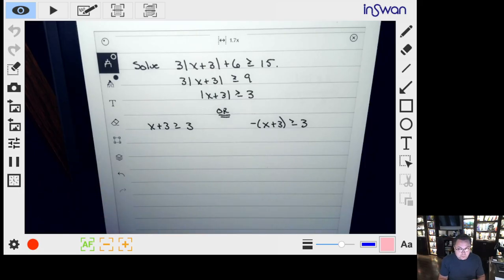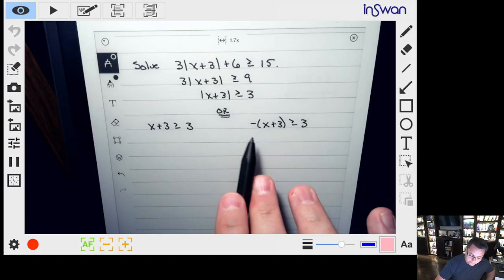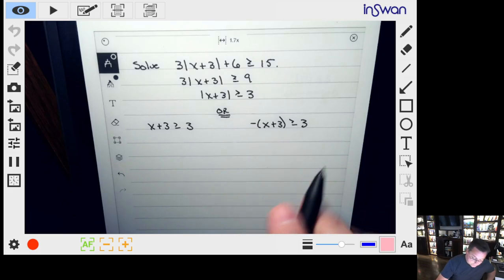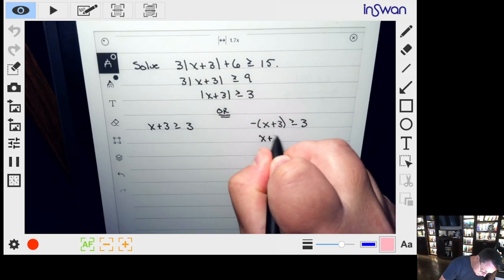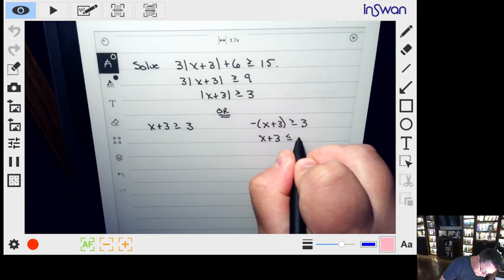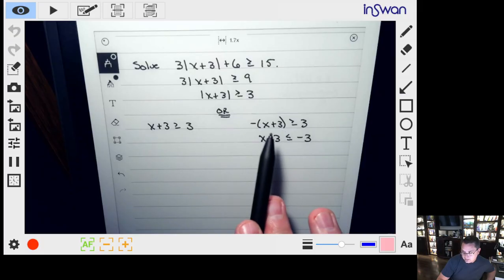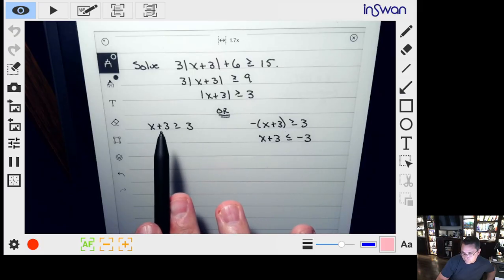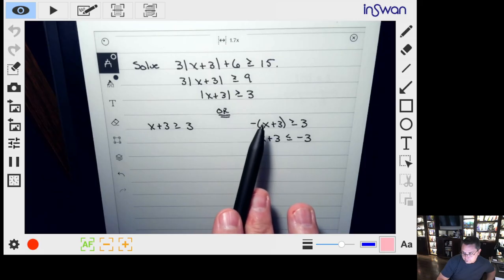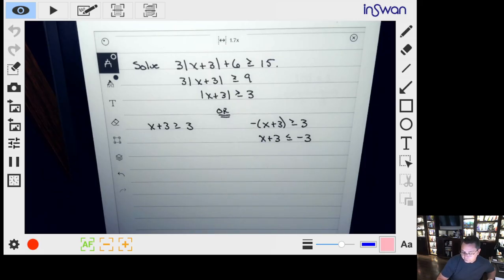I think this is a little bit easier to remember, but it gets you to the same spot, because if I multiply both sides by negative 1, I'll get x plus 3 is less than or equal to negative 3. So it's very likely that you might have learned it this way originally and just bypassed this step. But I just do the positive version of it and then the negative version of it, and that helps me remember which one flips the sign. Okay, so again, it's your call how you want to do it.